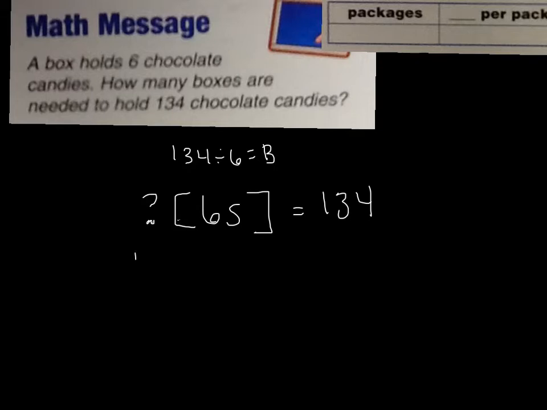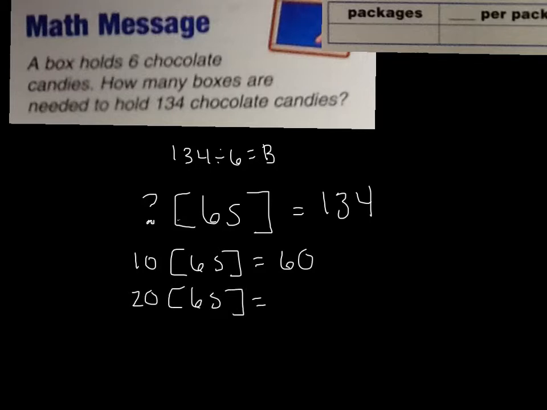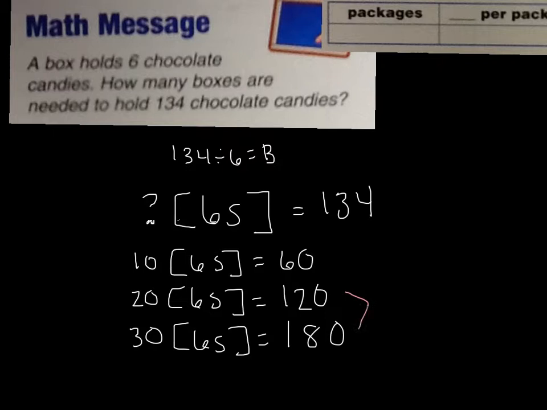I often start with the number 10. 10 sixes equals 60. Well, no, it's more than that. So I'll go up by another multiple of 10. Let's go to 20. 20 sixes equals 120. 30 sixes equals 180. Well, we know then that our answer is right in between these two.